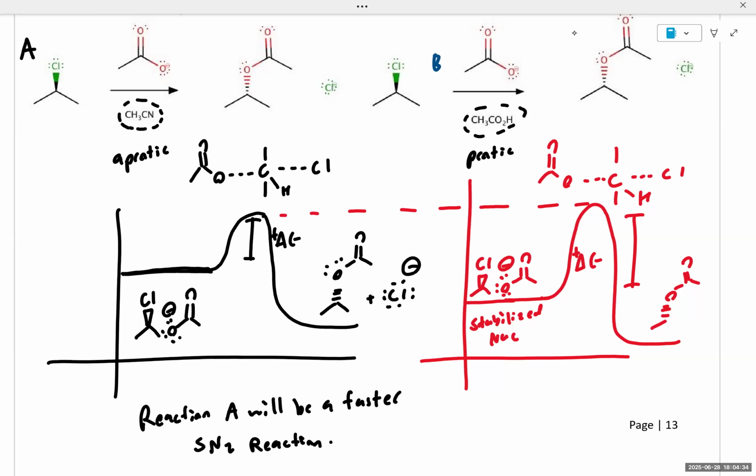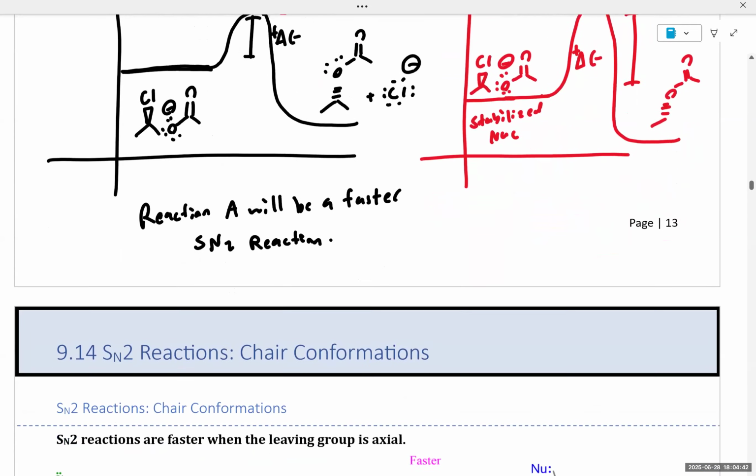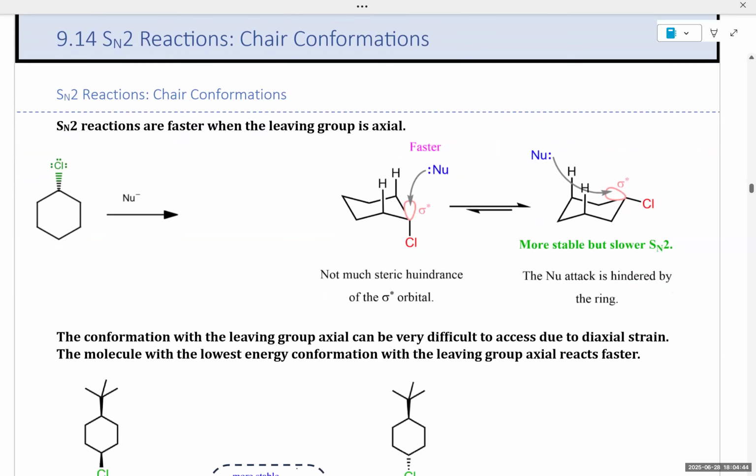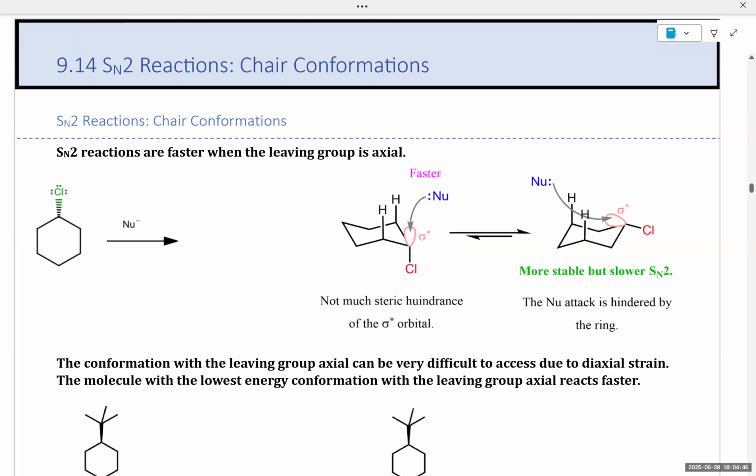Wonderful. So we've learned about the effects of changing reaction conditions on the SN2 reaction coordinate, and we've practiced drawing some reaction coordinates. Let's talk about the SN2 reaction in the context of cyclic systems. So SN2 reactions are faster when the leaving group is axial.